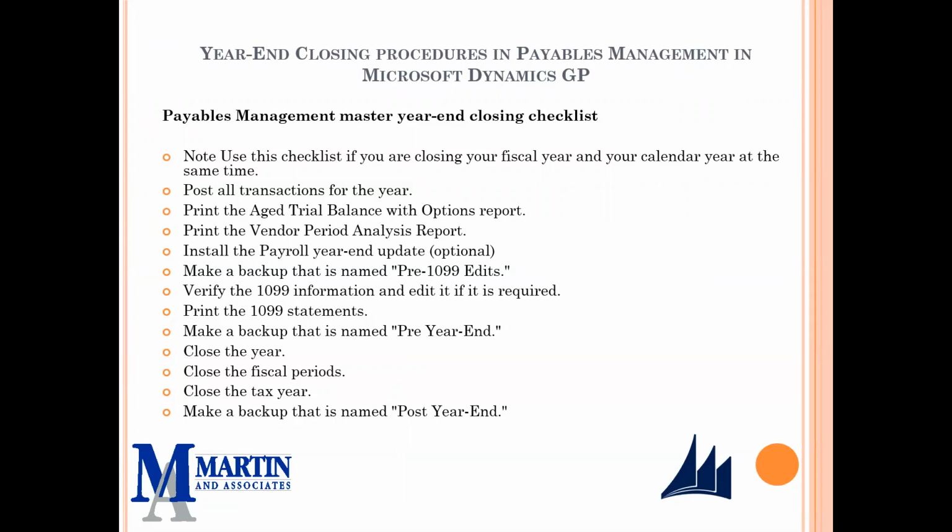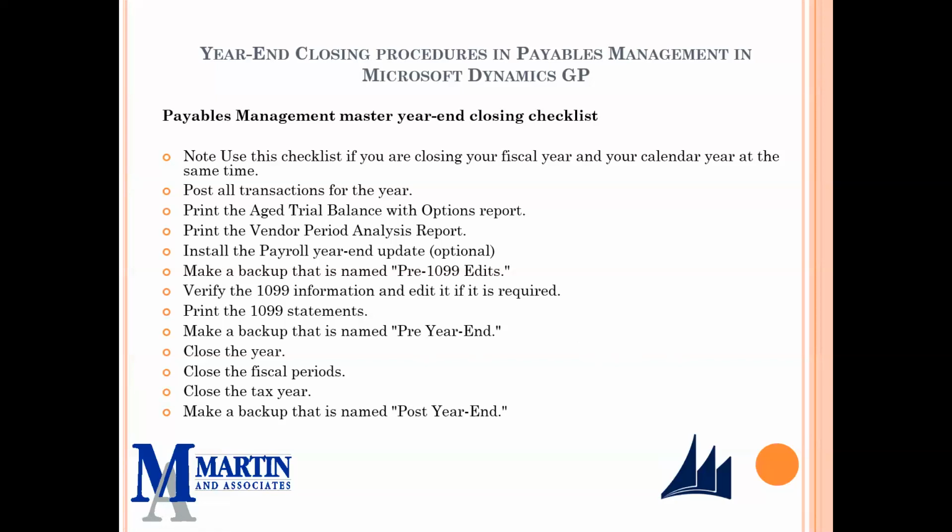So when you're closing AP, it is recommended to, again, post all your transactions, print an aged trial balance as of 12/31, optionally print a vendor period analysis report. That's pretty helpful. And then you need to make sure all your 1099 information is correct. So that's probably the most interesting piece of payables.